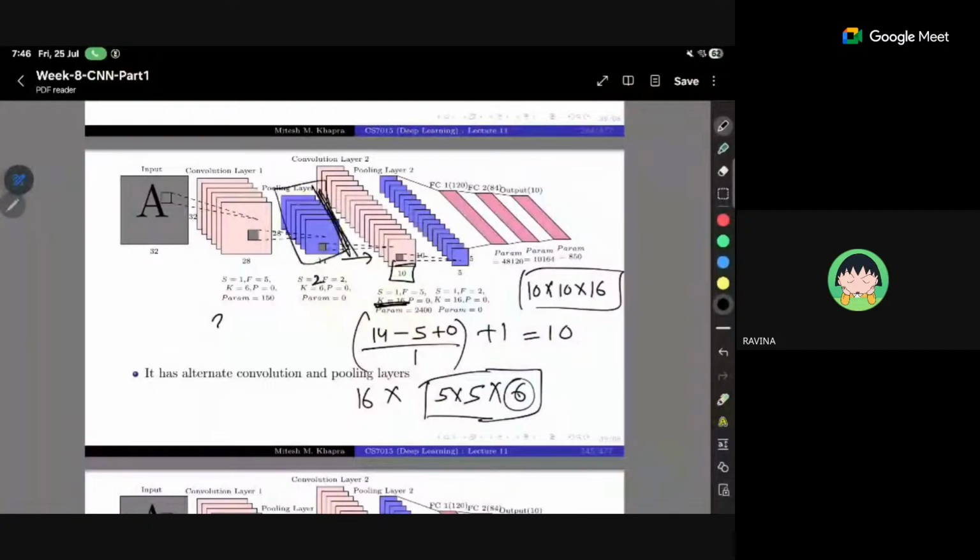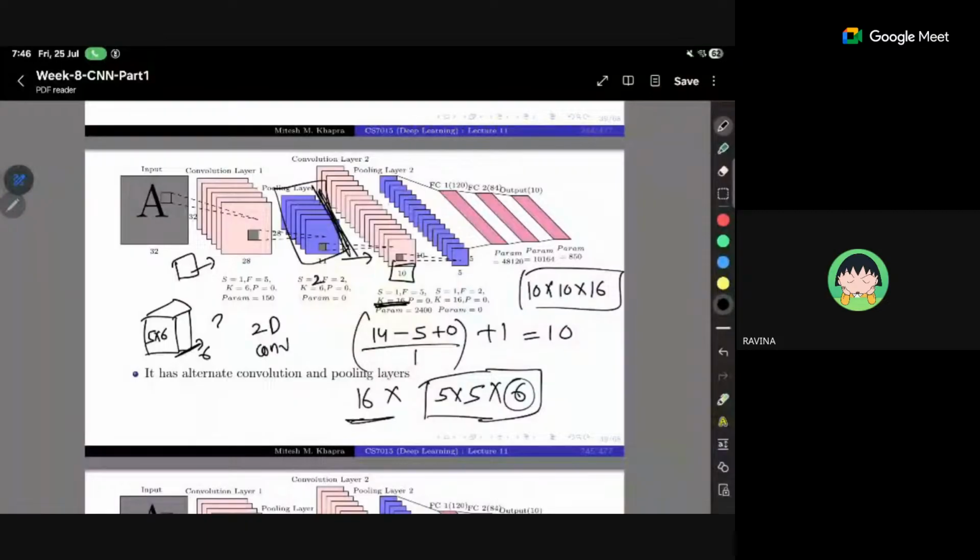So now the filter looks like this, 5 cross 5 and depth of 6. That's why we can do 2D convolution. Here my filter was 2D, but here my filter is 3D, and such 16 filters I'm using.